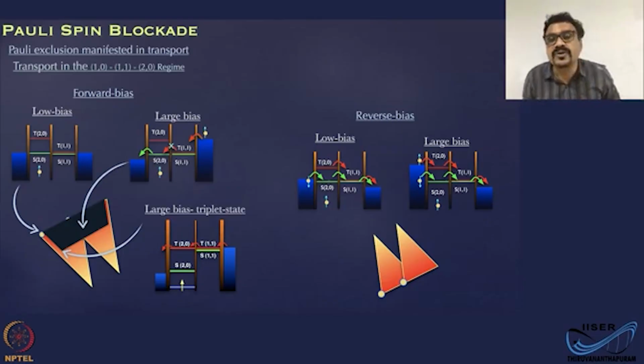So you have no blockade in the reverse bias case. Only in the forward bias case do you see a blockade because of the Pauli exclusion principle. In reverse bias, you will see the full bias triangle always. In the forward bias case, the bias triangle is partially blocked. I mean, partially no current in the lower bias regime.